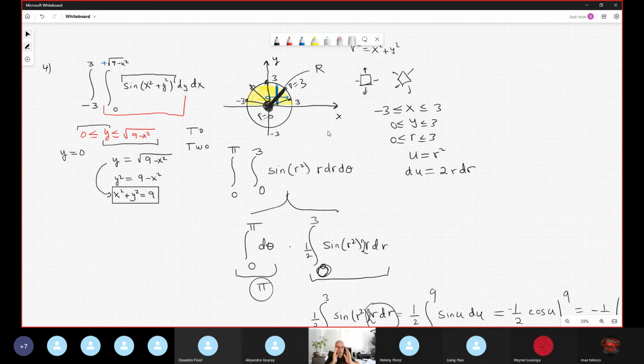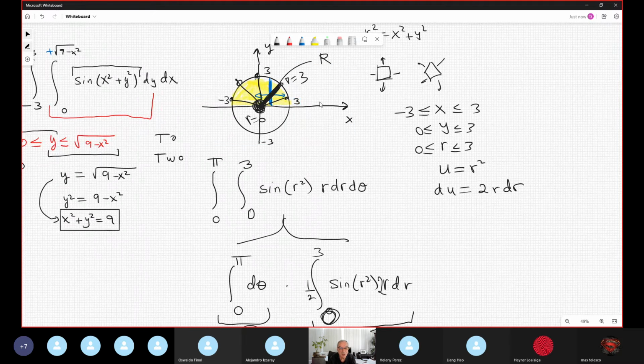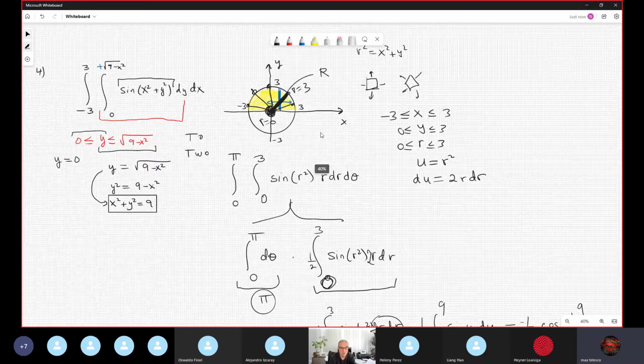So I focus on my region R, the region that is given at the beginning. The guy who spent time doing this double integral in Cartesian was doing it in the yellow region. So my radius goes from 0 to 3. Is the idea clear, David? Is it David? Or is it Teo? Clear, it's Max. It's math, okay.